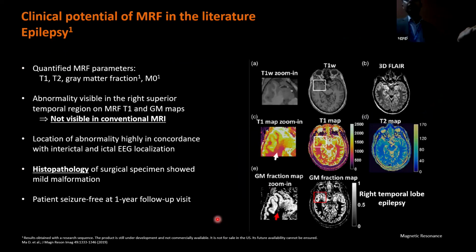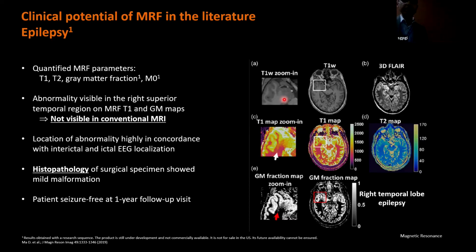the relative M0. Basically, it was able to show that the fingerprinting-based T1 map was able to locate an abnormality where your regular, routinely clinically available 3D T1 weighted image was apparently normal.